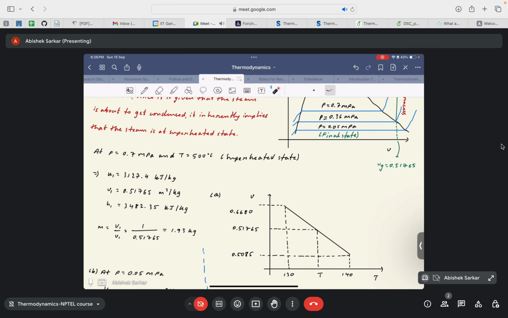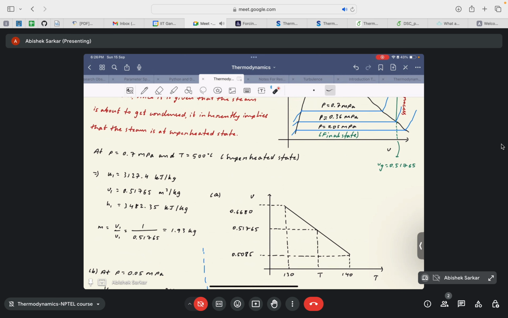Okay, so this is basically where the steam will start to condense, or tend to accumulate some moisture, right? So if we go below 0.3 megapascal, the steam is bound to have higher levels of moisture. So it will obviously lie within Vf and Vg, but still it's a good exercise to do.